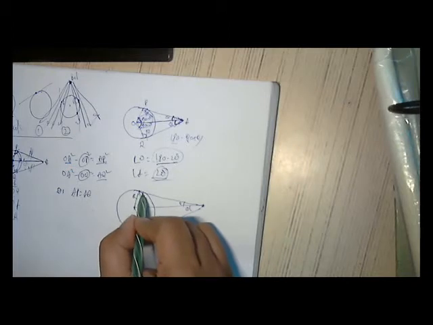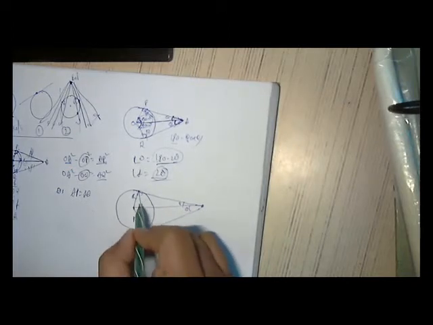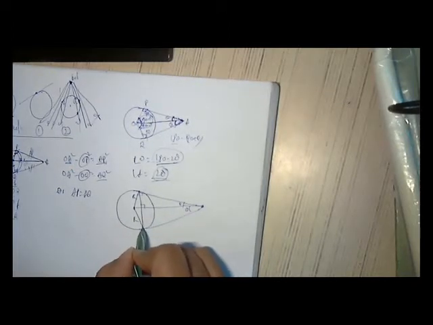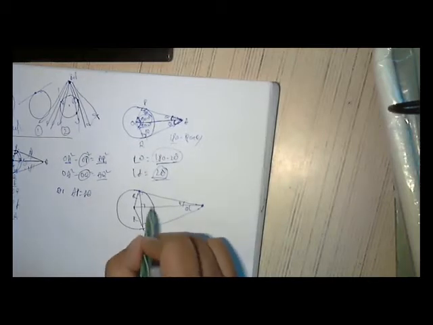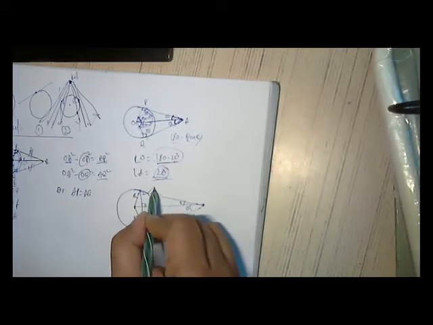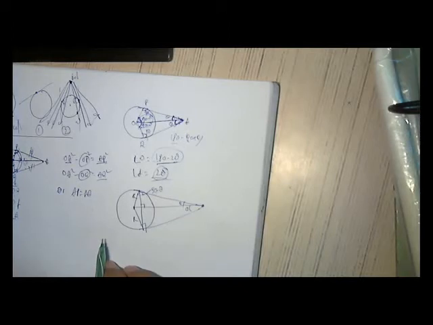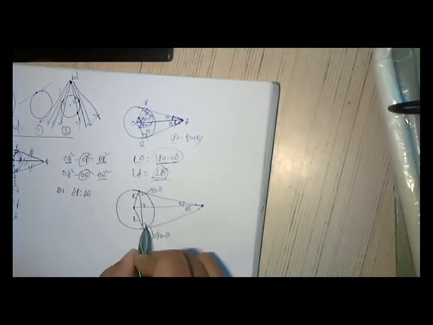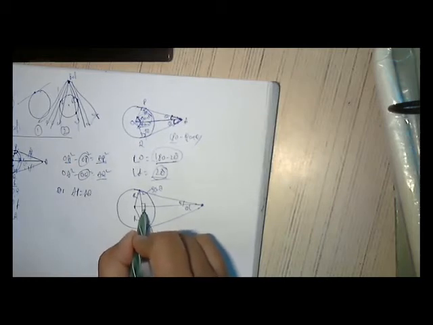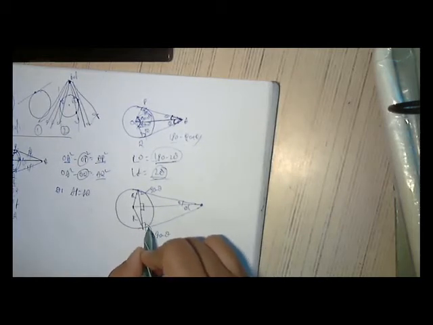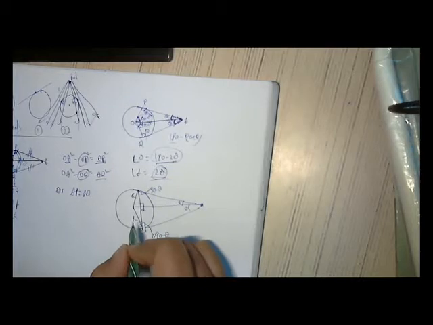This is 90. This is 90. This is 90. So you have 90, you have theta. What is here? This portion is 90 minus theta. This is also 90 minus theta. Because this is 90, this is theta, and this total is 180, so this portion becomes 90 minus theta.